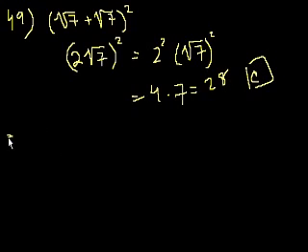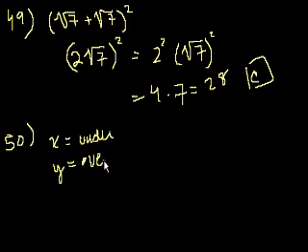Next problem, 50. In a certain population, there are 3 times as many people aged 21 or under as there are people over 21. Okay, so let's say that x is equal to under 21, and y is equal to over 21.